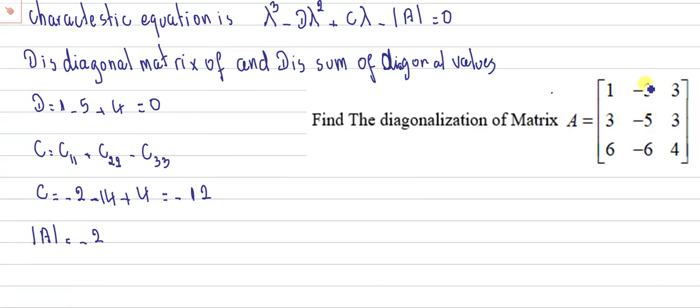And I omit this one and this one. 12 minus 18 is 6. 6 multiplied with 3 is 18, so this one is minus 18.